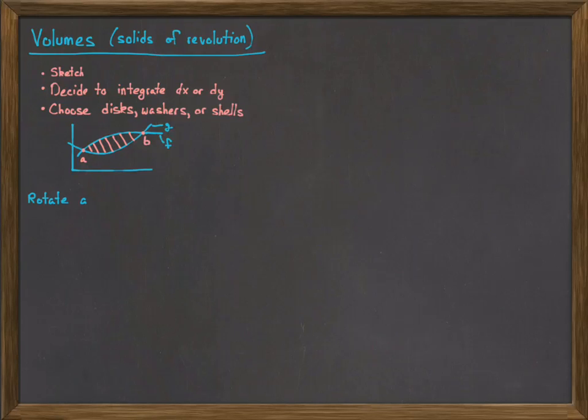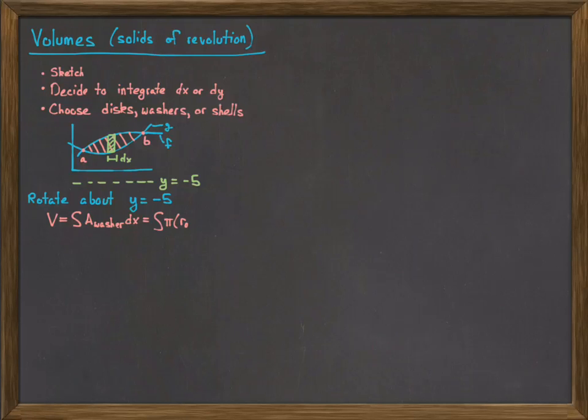So if we wanted to find the volume of the solid formed by rotating this region about y equals -5, so put y equals -5, some axis of rotation down there. You need to consider an element with dx, and say we want to integrate with dx because we have f and g as functions of x. That would mean that we're using washers.